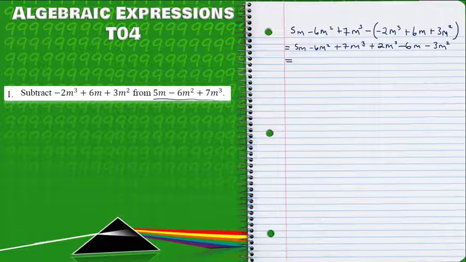So let's start with the highest, 7m to the power of 3 plus 2m to the power of 3, that gives us 9m to the power of 3. Then for the terms that contain m squared, we've got minus 6 minus another 3, so this gives me minus 9m squared. And then finally we have 5m minus 6m, that gives us negative m. Alright, so that was the first method.